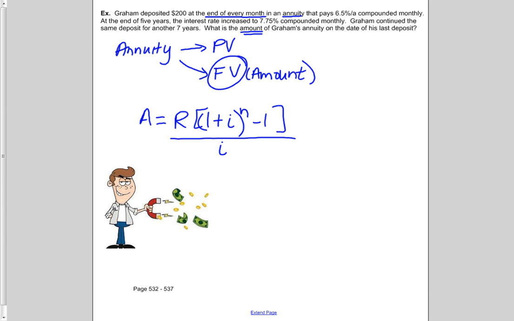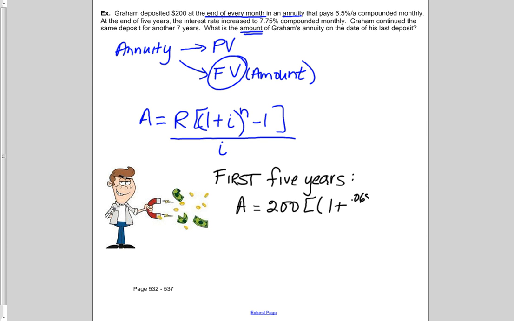So for the first leg of the journey, for the first 5 years we have a certain situation. And we're going to just consider that one amount problem. So for the first 5 years, your amount is $200. Your interest rate is .065 adjusted for monthly, for 5 years is 60.